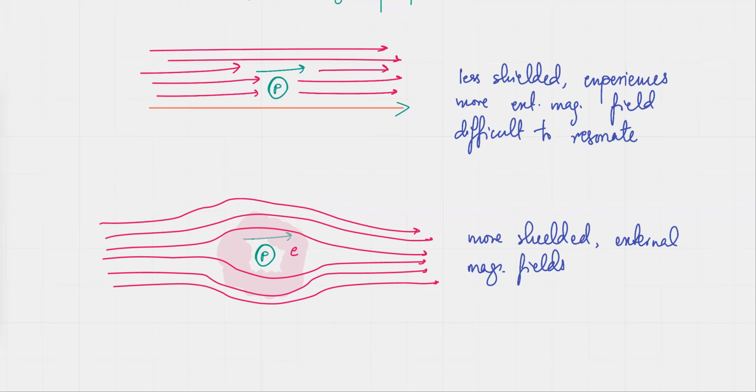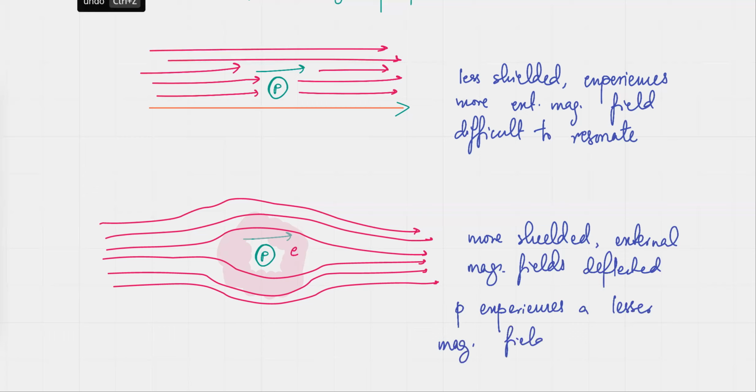So all your external magnetic fields, they are deflected. So the proton experiences, in this case, a smaller magnetic field, and it would be easier to resonate.